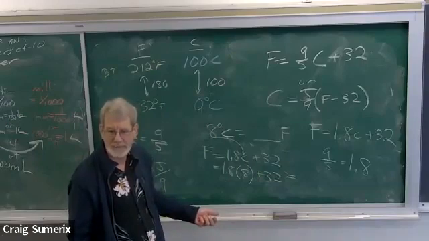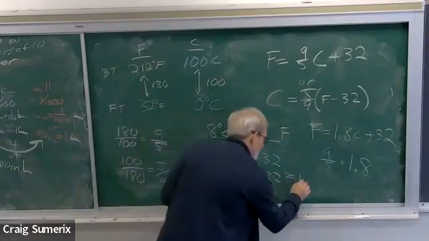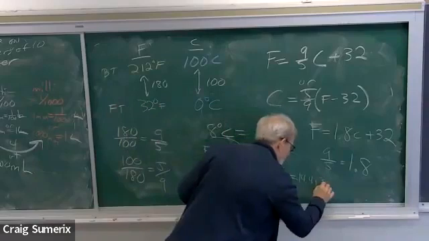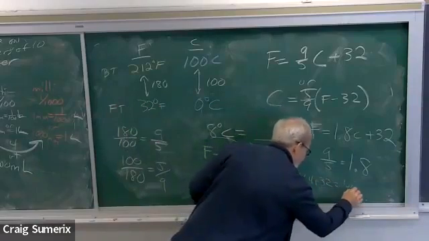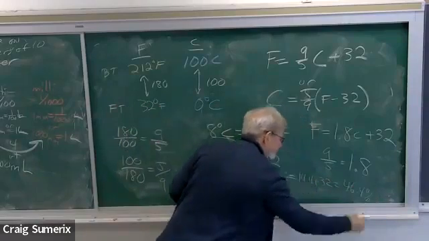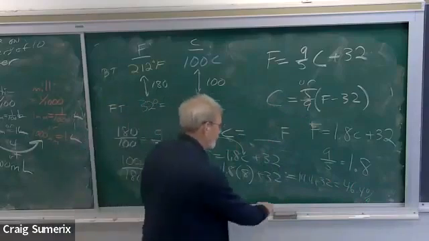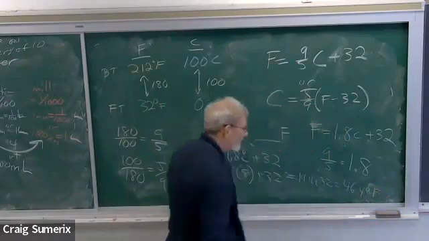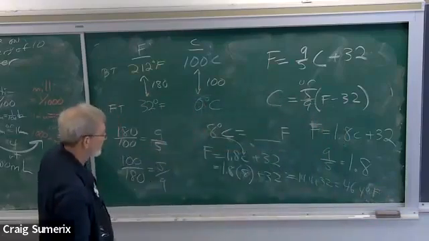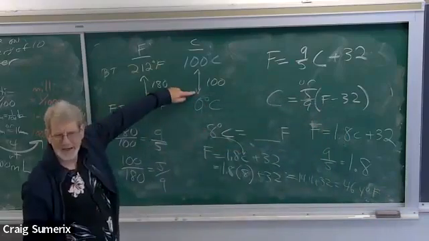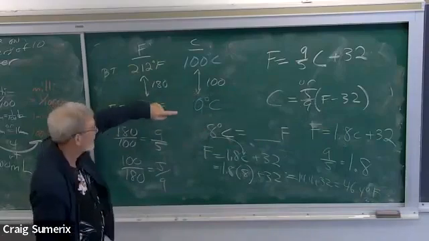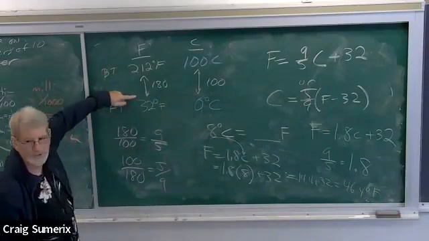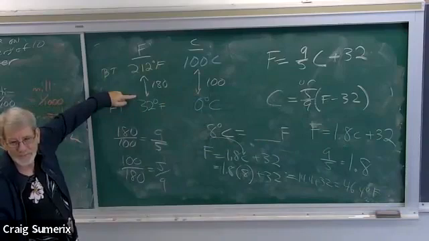Somebody check my math. Is it? 14.4 plus 32 is 46.4 degrees. Does that make sense? Well, 8's not really very high above 0, is it? Is 46.4 that far above 32?